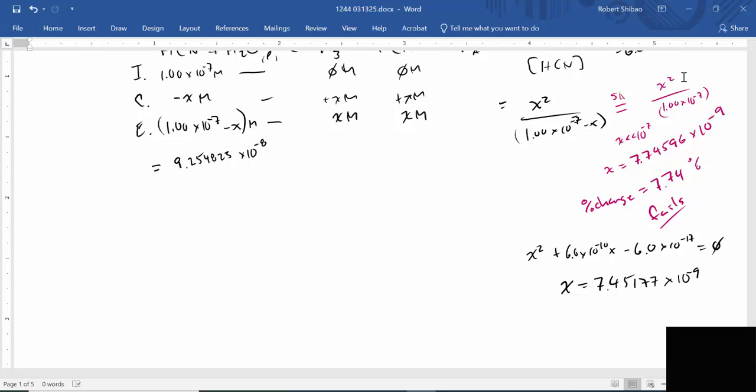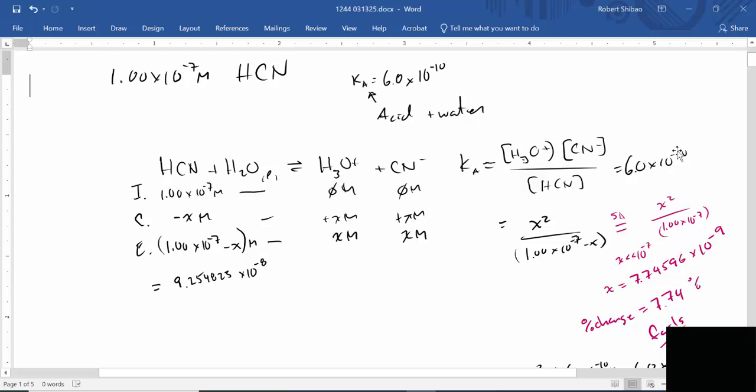Where did you get 6.0 times 10 to the negative 17? I got that from this equation here, if you look on the black part. So I'm trying to solve this here, or get it into quadratic form. So I'm going to multiply both sides by this binomial here.